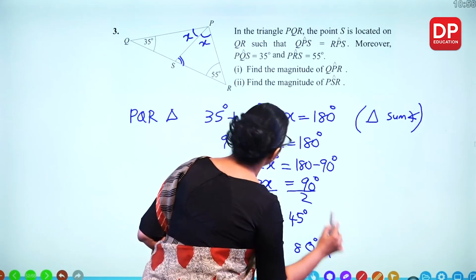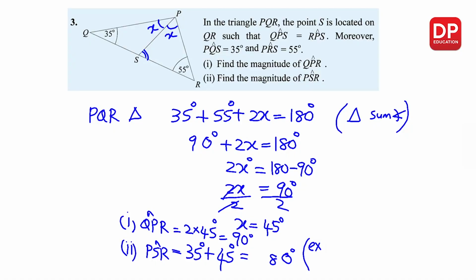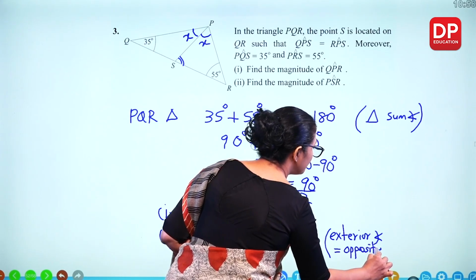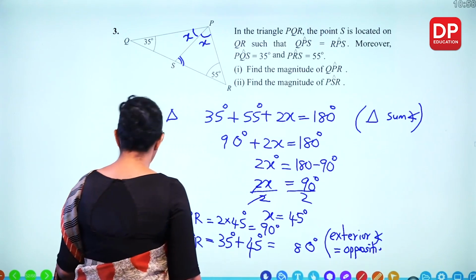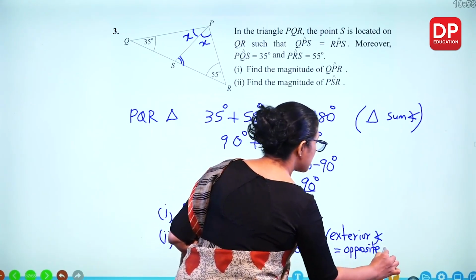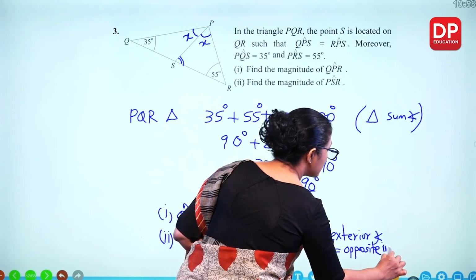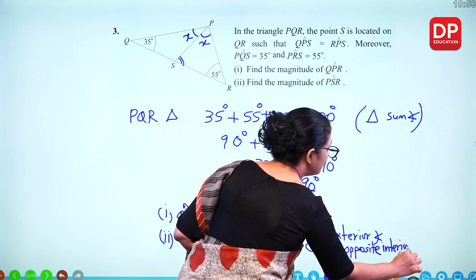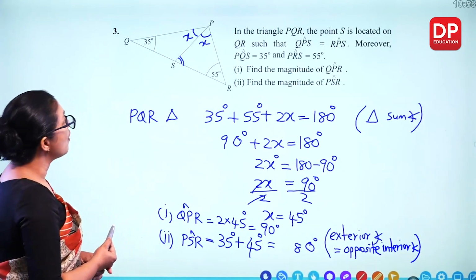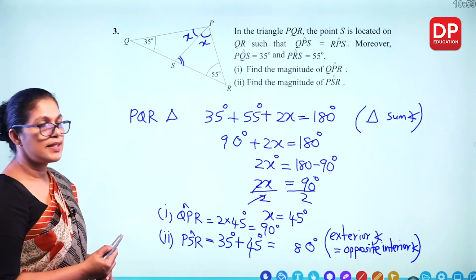What's the reason? Exterior angle is equal to sum of opposite interior angles. So we found PSR equals 80 degrees.